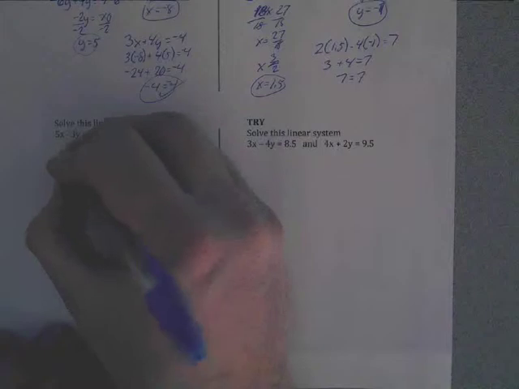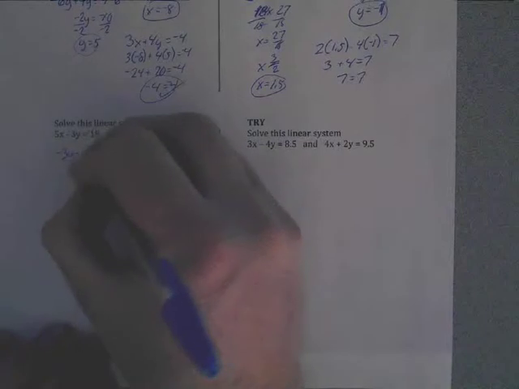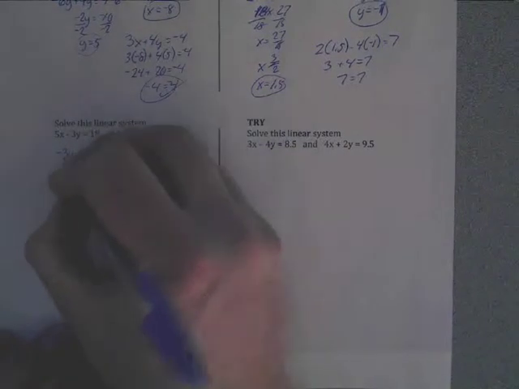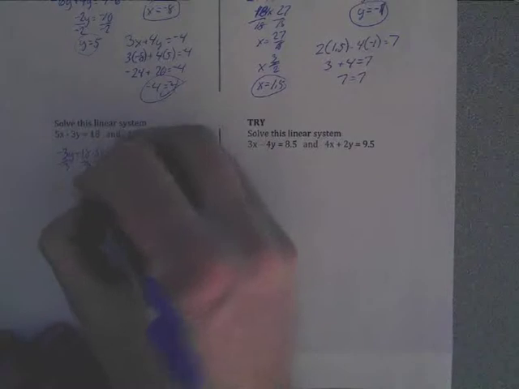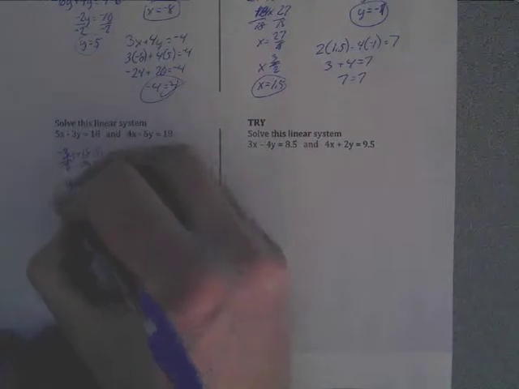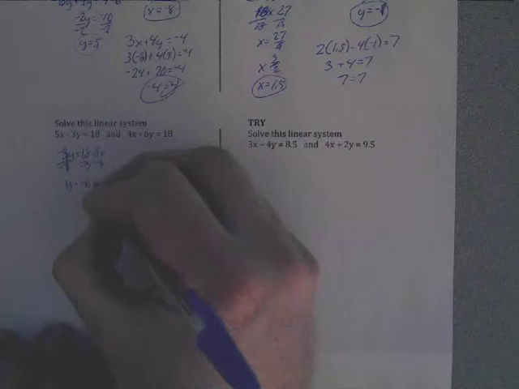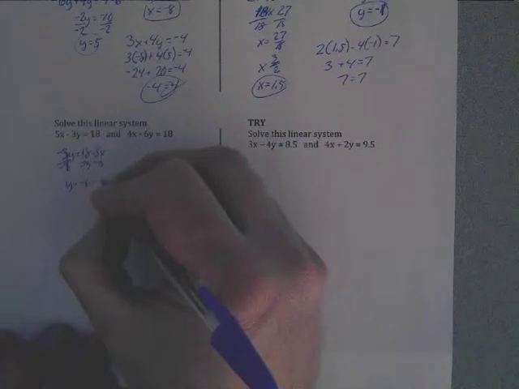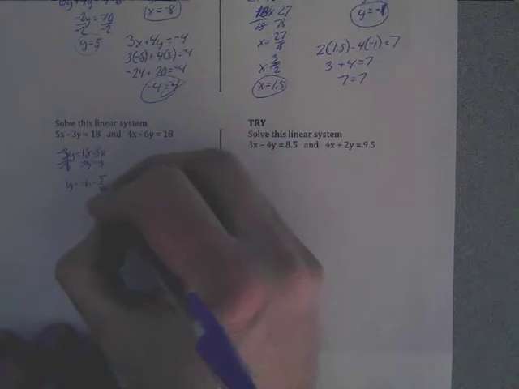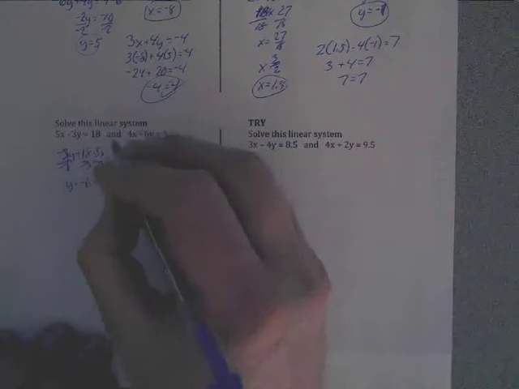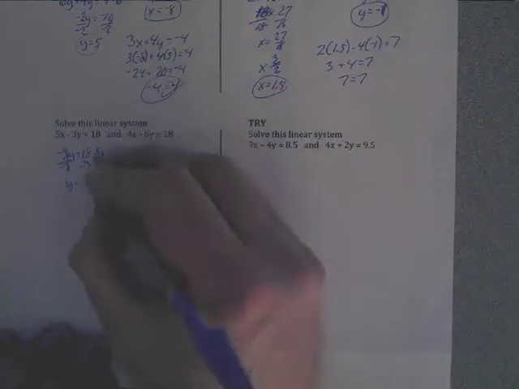So here I got negative 3y is equal to 18 minus 5x. Divide by negative 3, divide by negative 3, divide by negative 3. So y is equal to negative 6 minus 5 over 3, and that was negative, negative, so it's going to end up as plus 5 over 3x.